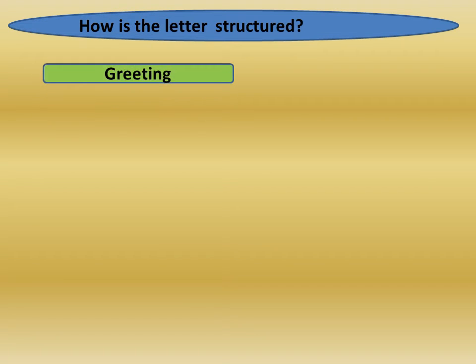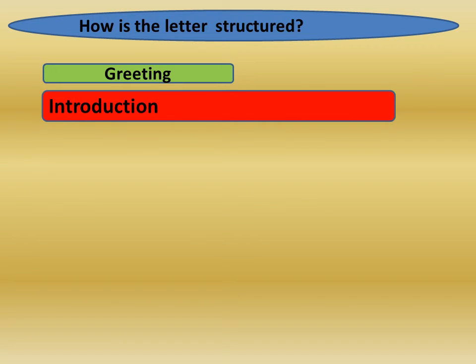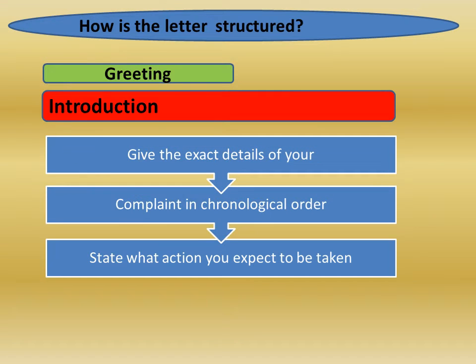First, the greeting. Then you start with your paragraphs, with the introduction. Then we continue with the main body paragraphs, where you give the exact details of your complaint in chronological order and state what action you expect to be taken.